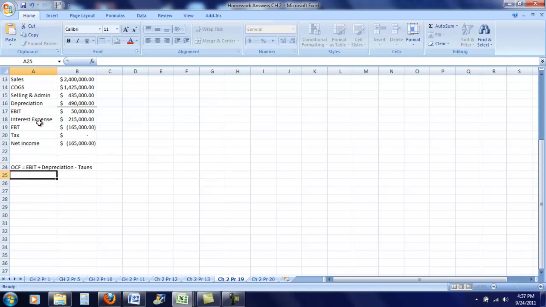So I have EBIT, depreciation, taxes, operating cash flow.